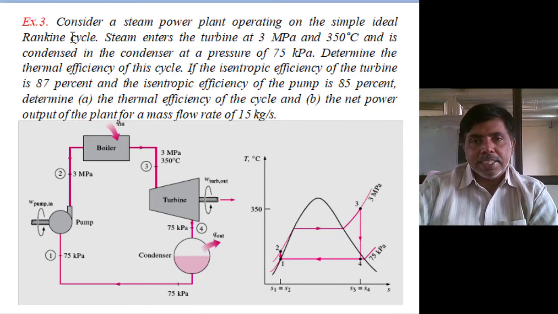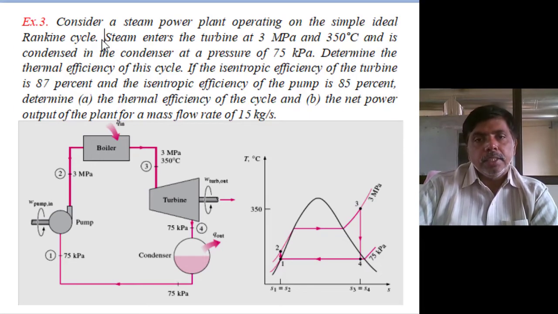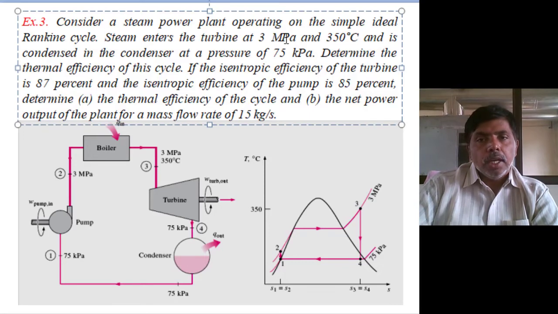Consider a steam power plant operating on the simple ideal Rankine cycle. Steam enters the turbine at 3 megapascal and 350 degrees centigrade and is condensed in the condenser at a pressure of 75 kilopascal.